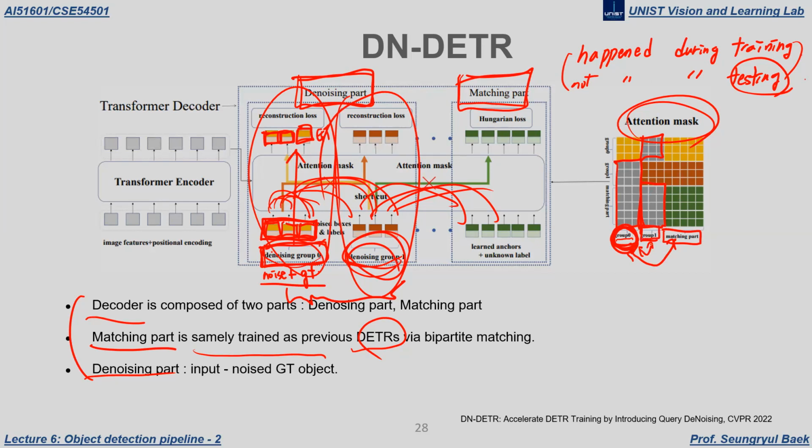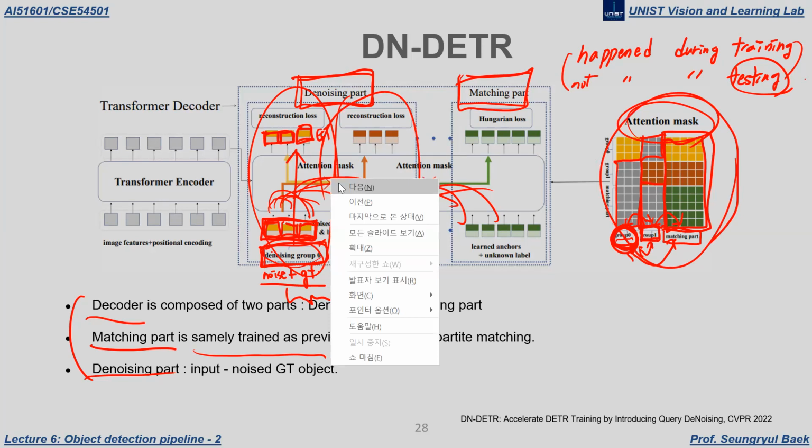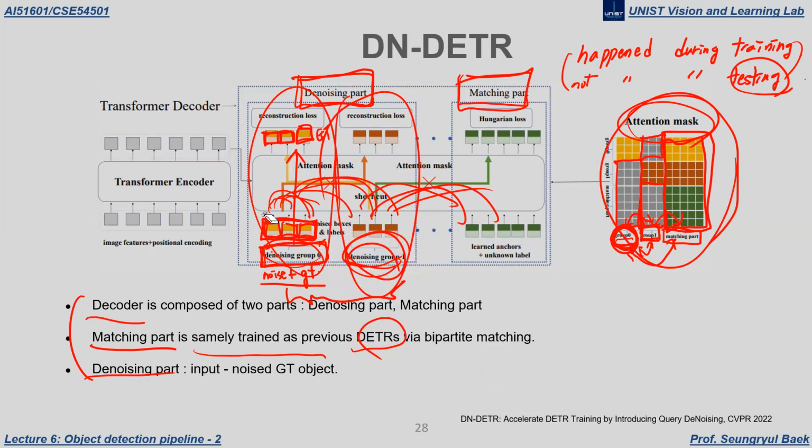Similarly, denoising group 1 does not attend to the other denoising groups or to the matching part. But the matching part can attend to the denoising groups freely. So this type of attention mask is used, and that is visualized here.